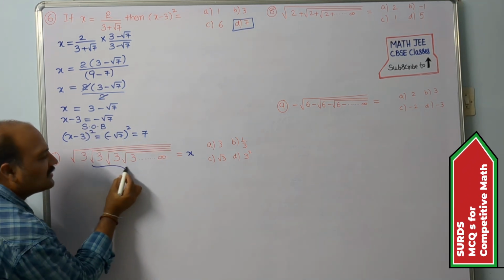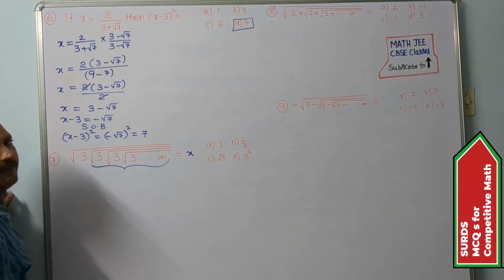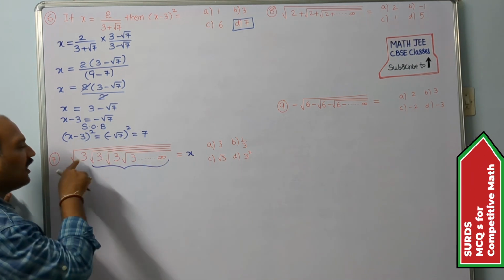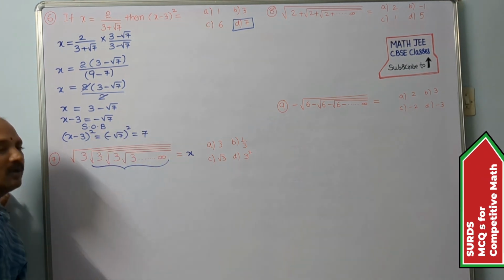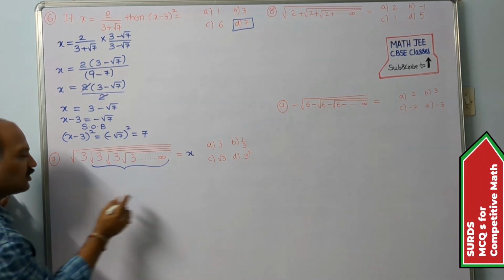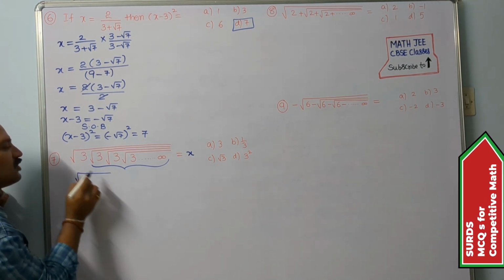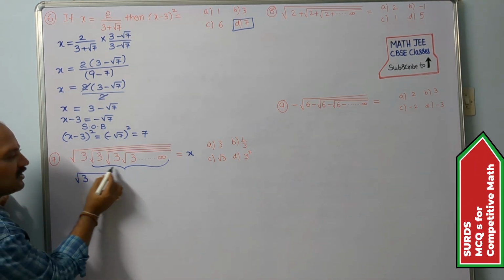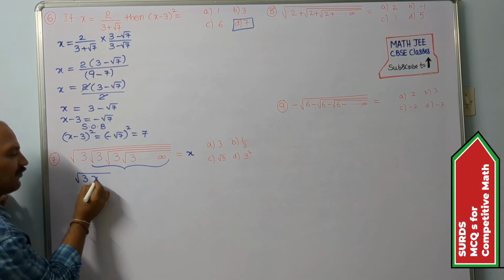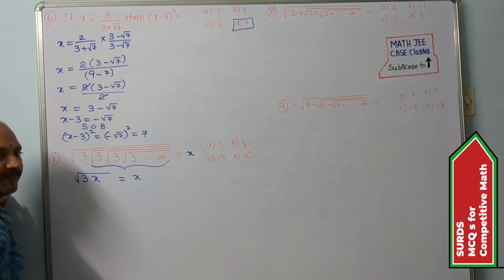From here to here is also x only. Why? Because it is root of 3 into root of 3 into, and so on. So we can write it as root 3 into this bracket value, which is also x, is equal to x.